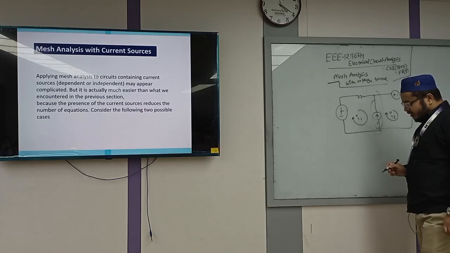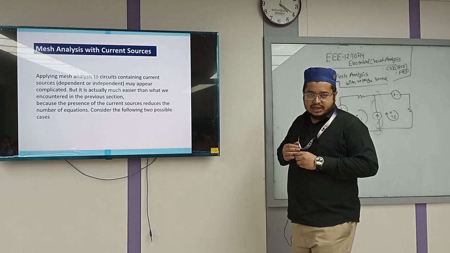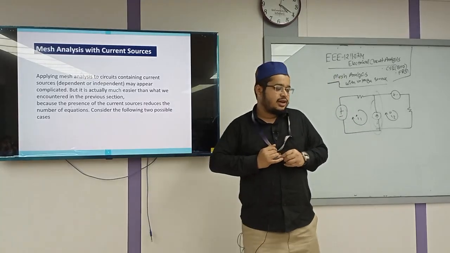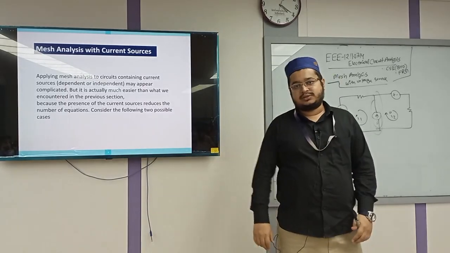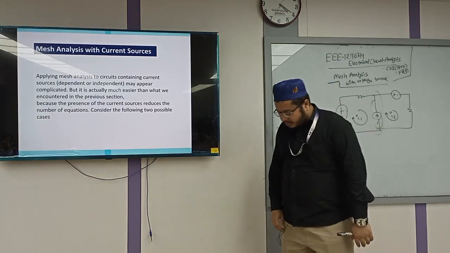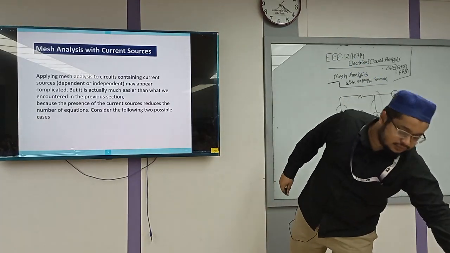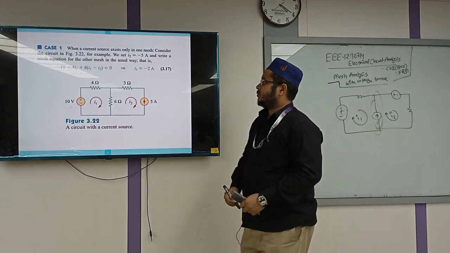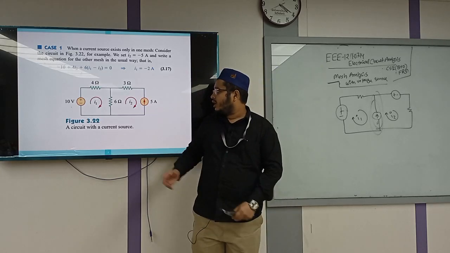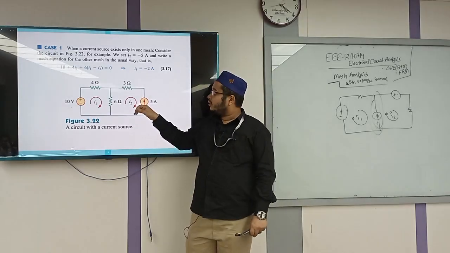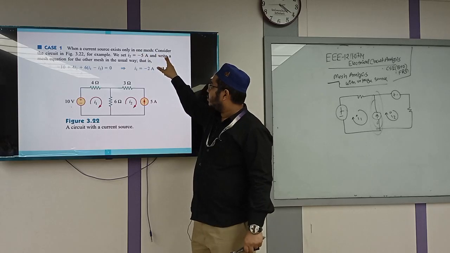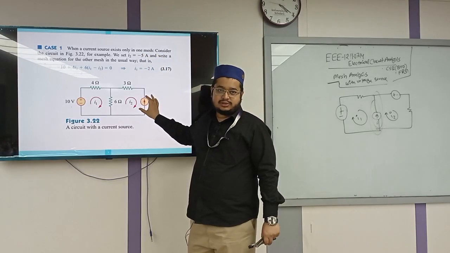So when a current source appears in mesh analysis, it may be difficult to calculate. Okay, there can be 2 scenarios. A current source may be connected in only one mesh.